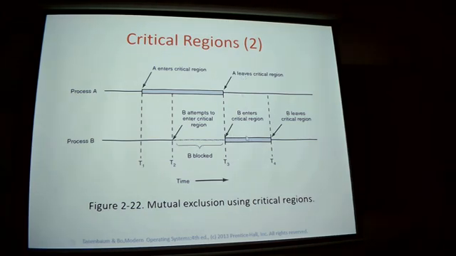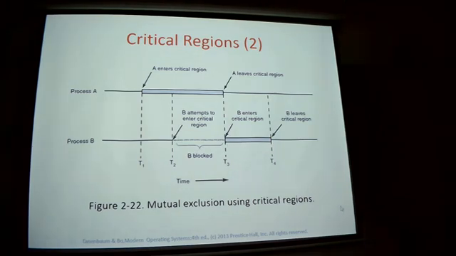So B enters, and then at timestamp T4, process B also leaves because it has finished its task. In this figure, we can see that only one process enters the critical region at one timestamp. These two shaded areas don't overlap.